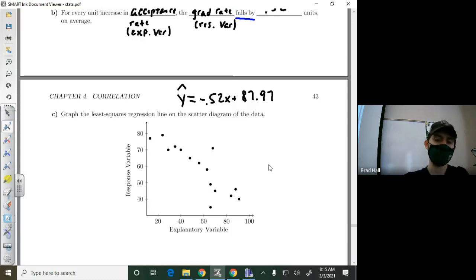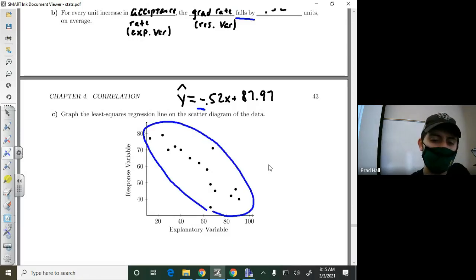And some of the answer choices may not have the correct scatter diagram to begin with, so those would be gone. Another indication that helps in our favor is that the slope is negative, which by definition means the trend needs to be negative, which it is. So that's a good indication.